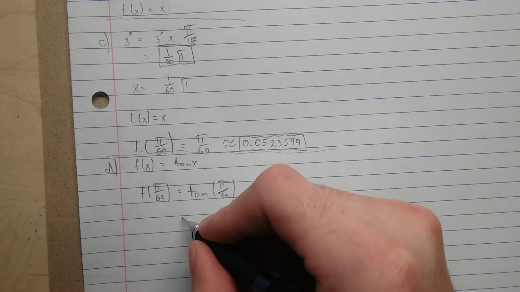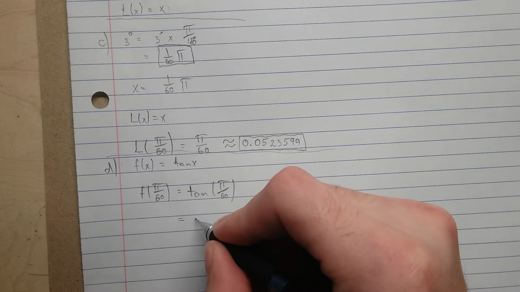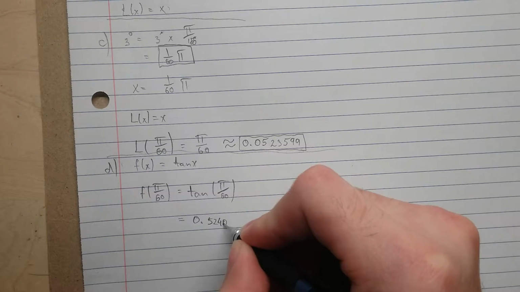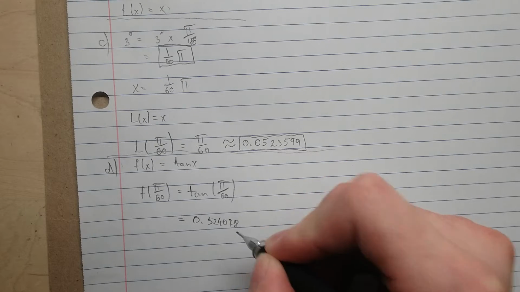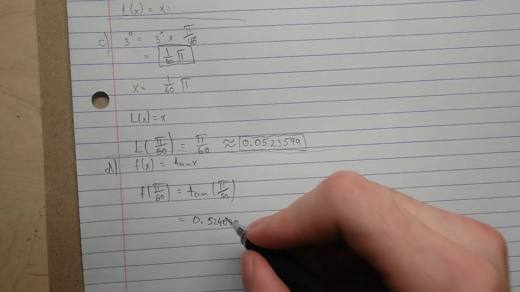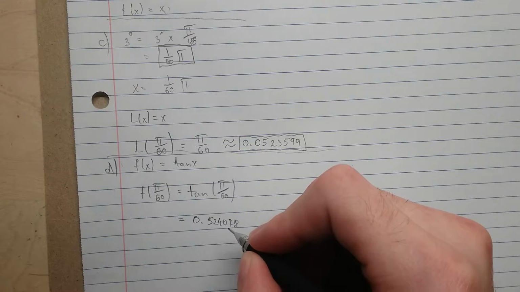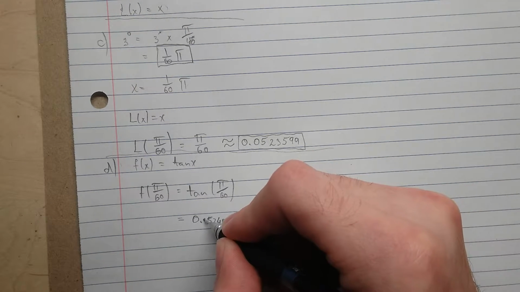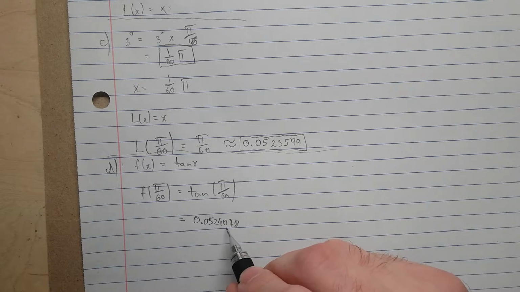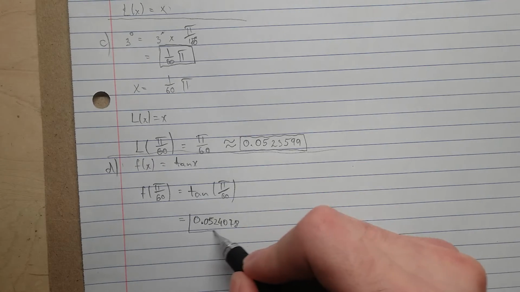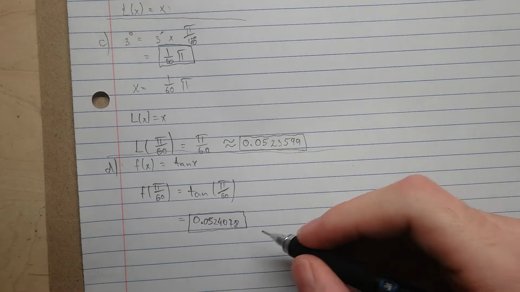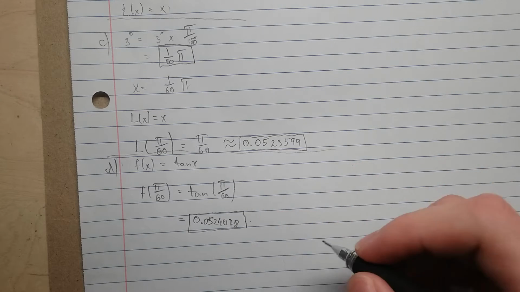When we solve for this, we get a value of 0.524078. I'm sorry, I missed one decimal in here, which is 0.0524078. So this is the exact value.